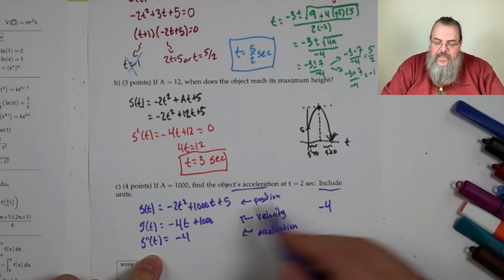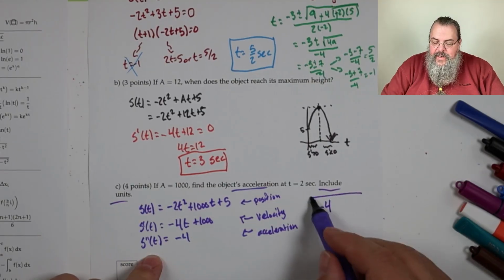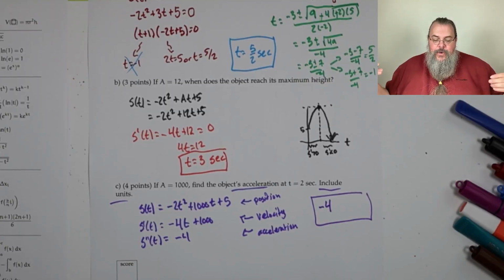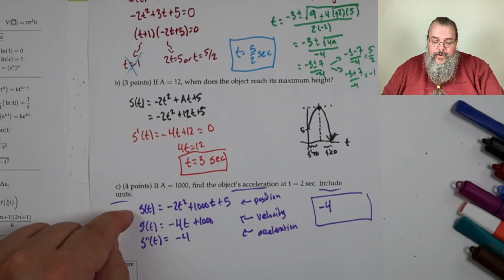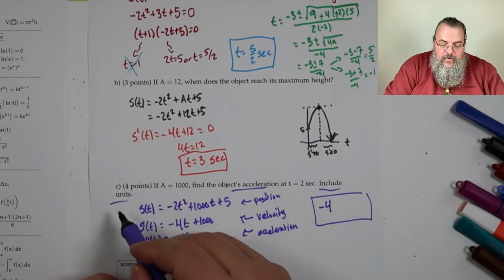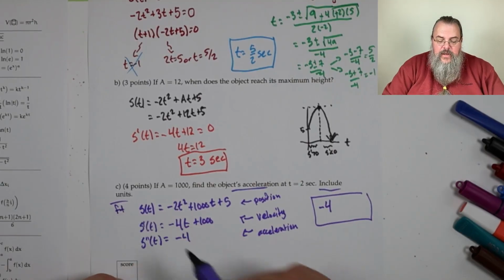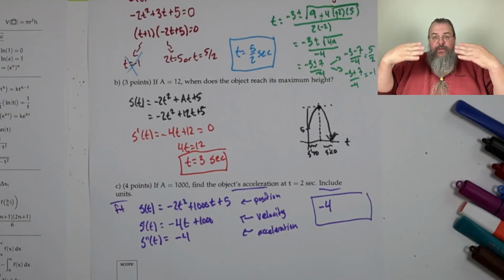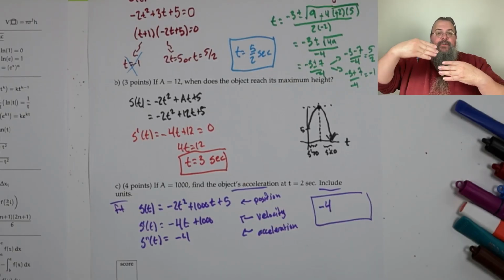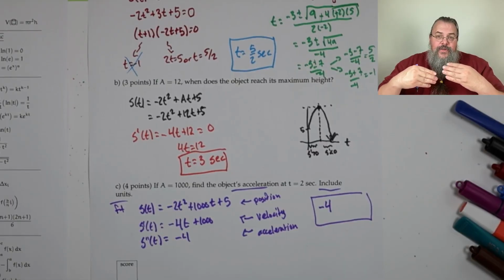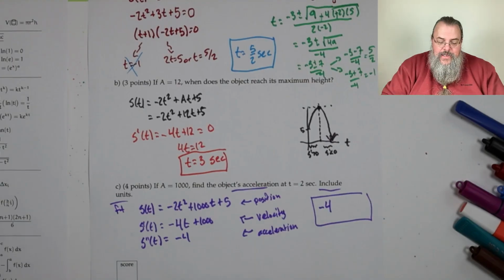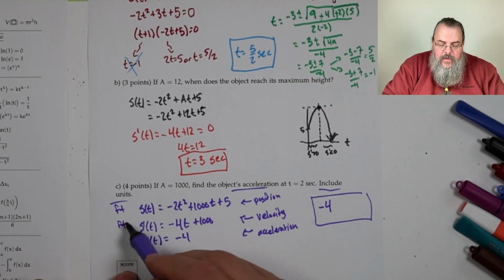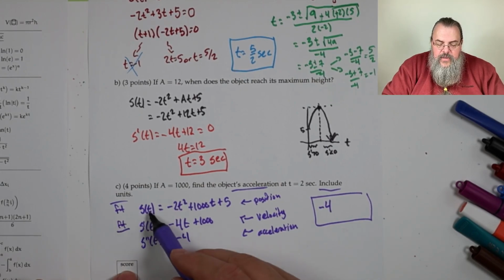Now notice it did say include units. All right. So how do you figure out your units? Well, you start with your units for the original, which was s. So this was in feet. Now, when you take a derivative, what happens? You keep your units of your original, and then you divide by the units of your input. So our original was feet, and then our input is time.